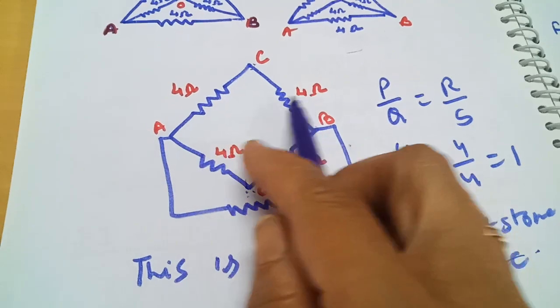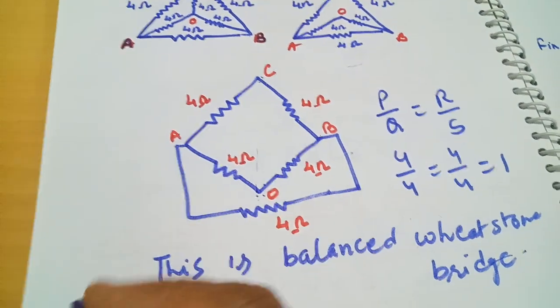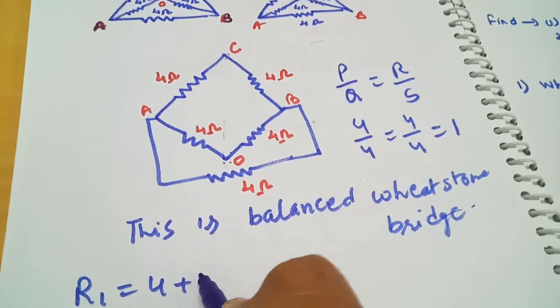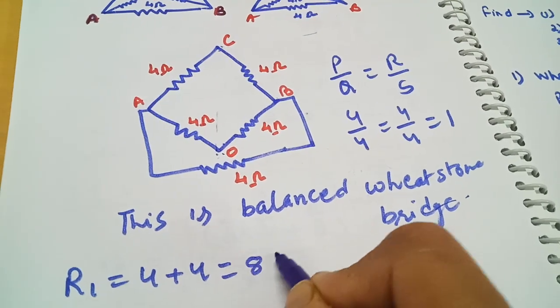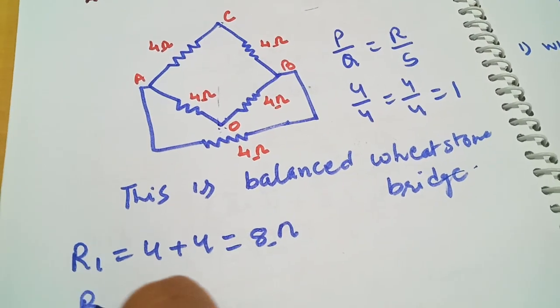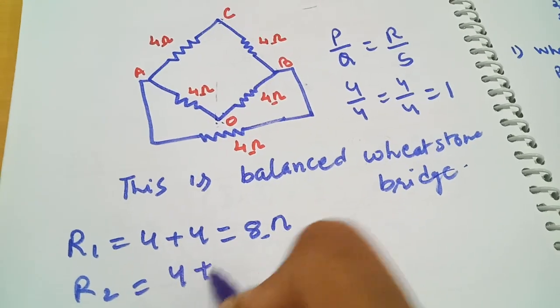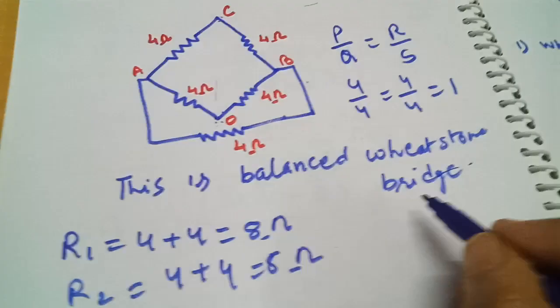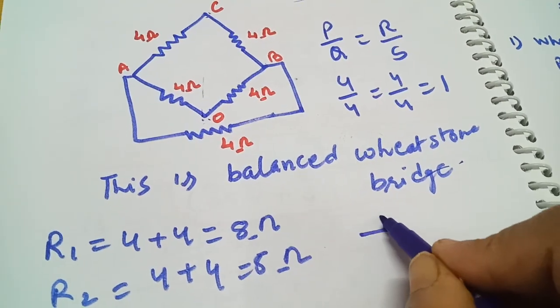So see, these two are in series and these two are in series. So R1 you will be getting 4 plus 4, this is 8 ohm, and R2 you will be getting 4 plus 4, that is 8 ohm. Okay, now the circuit will be like this.